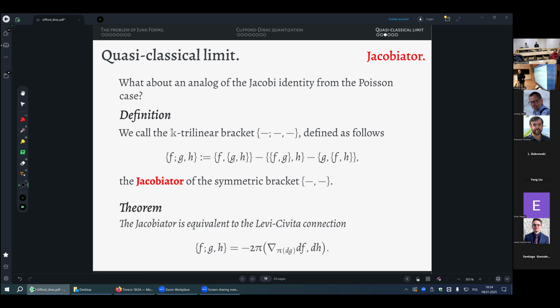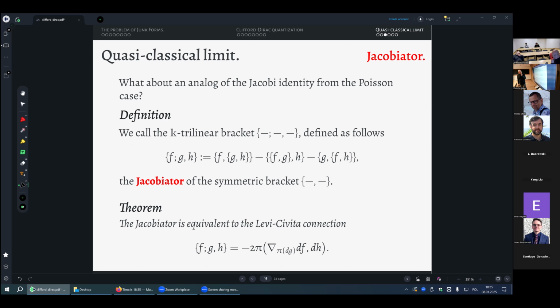So I try to think about some analogs of this situation in something called homotopy algebra, where algebraic identities are satisfied up to some higher homotopies. I haven't finished this yet. Maybe it's impossible, I don't know. It's work in progress.